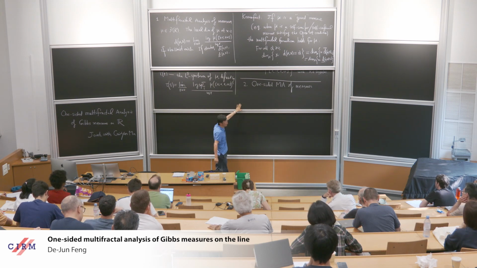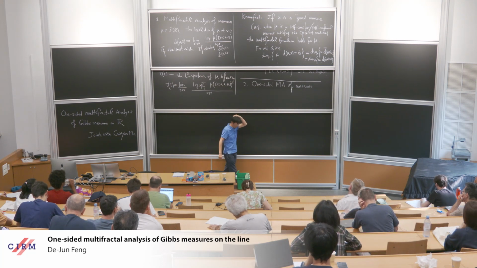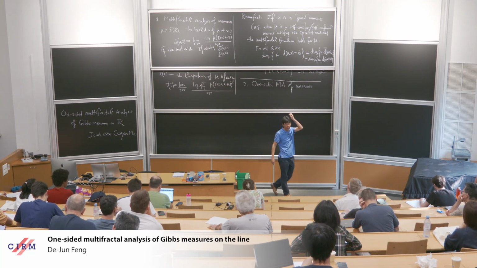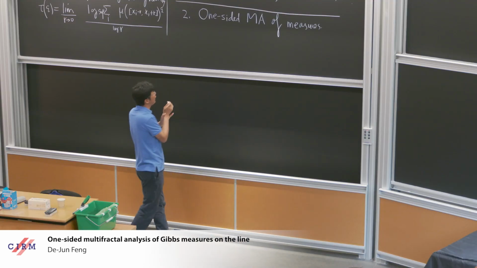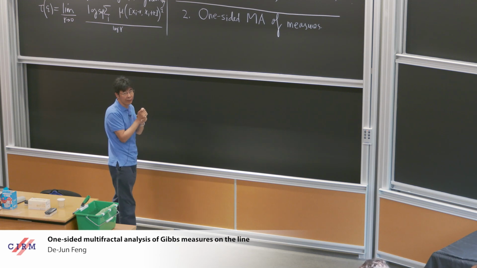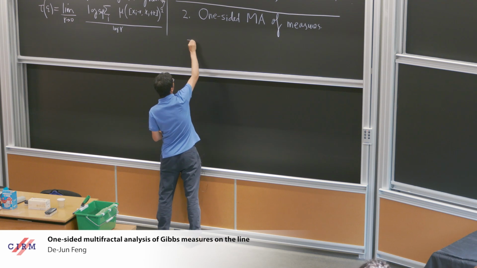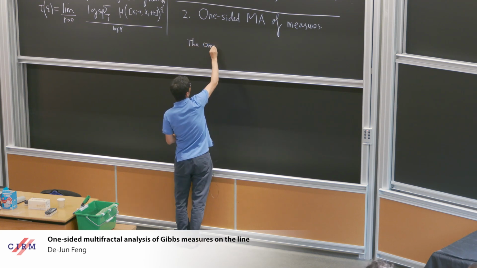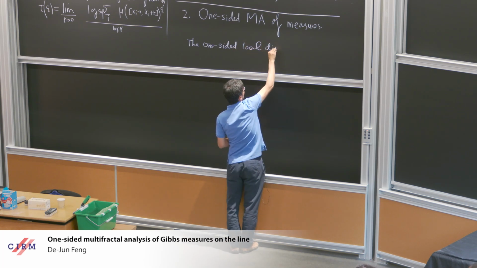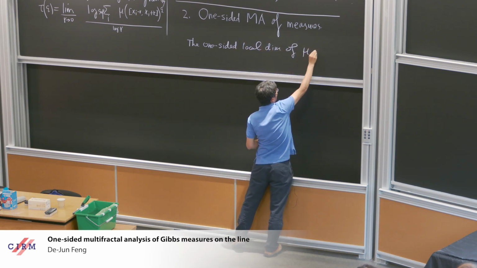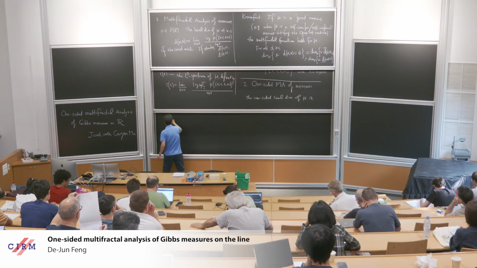Again, we let mu be a probability measure with a compact support on the real line. In this case, we define the one-sided local dimension of mu.